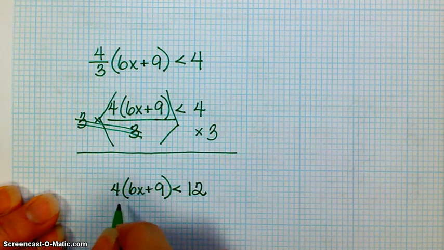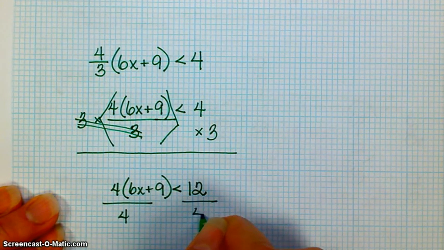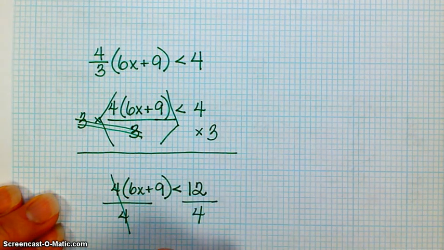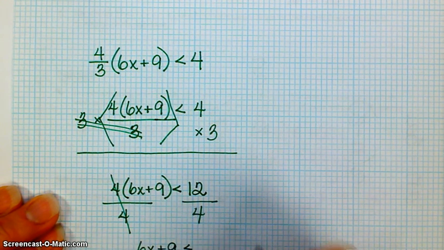I'm going to divide this side by 4, divide this side by 4, and I get 6x plus 9 is less than 12 divided by 4 is 3. And then I can say minus 9, 6x is less than negative 6. Divide by 6.